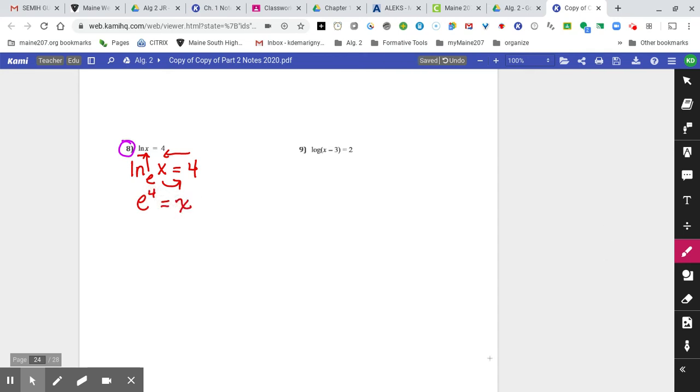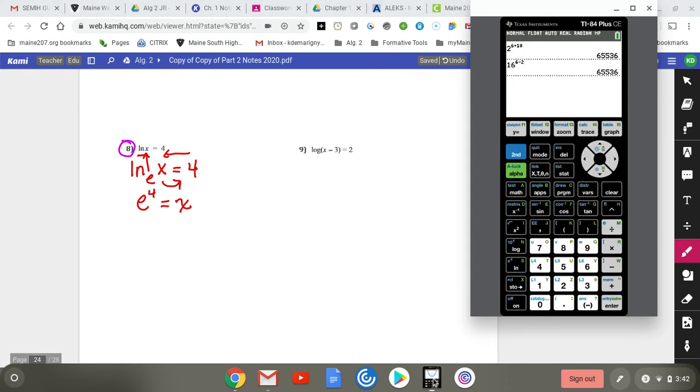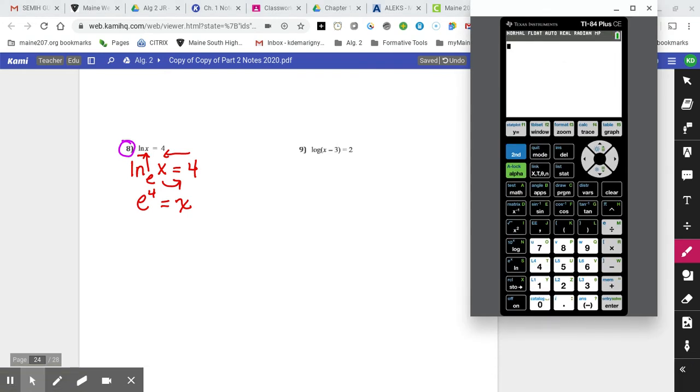Now that's fabulous because I think these are awesome. I'm going to clear this off, and then I'm going to take the e, second letter e, and raise it to the 4th power. My solution is going to ask me to round it to the hundredth, so that is 2 decimal places. If I look at this digit, the 2nd place is a 9. So I look at the one behind it, and it's an 8.